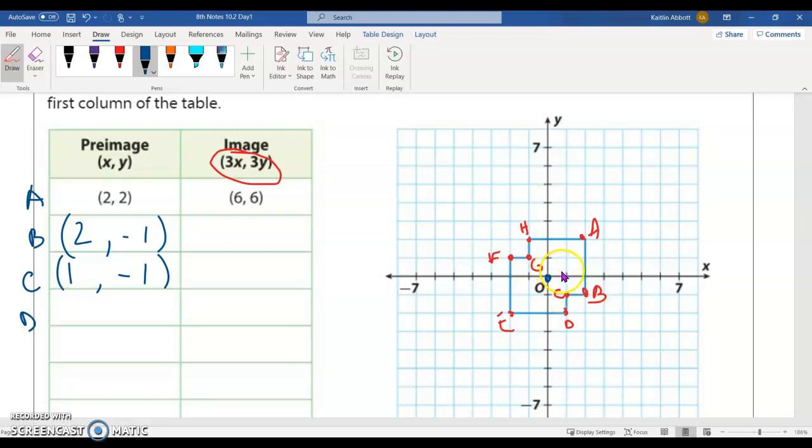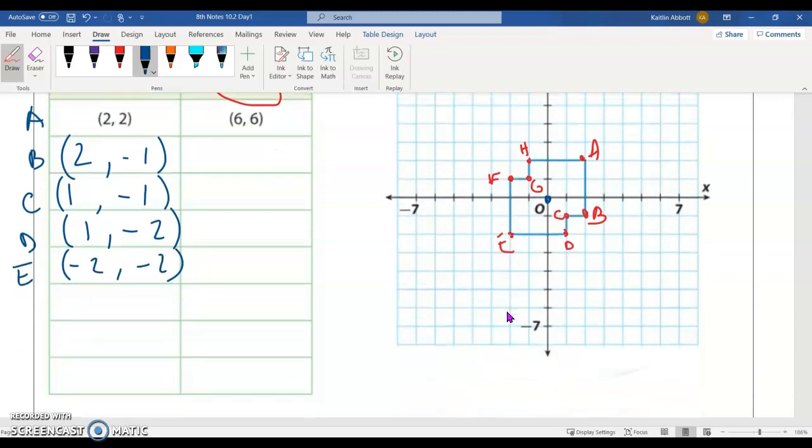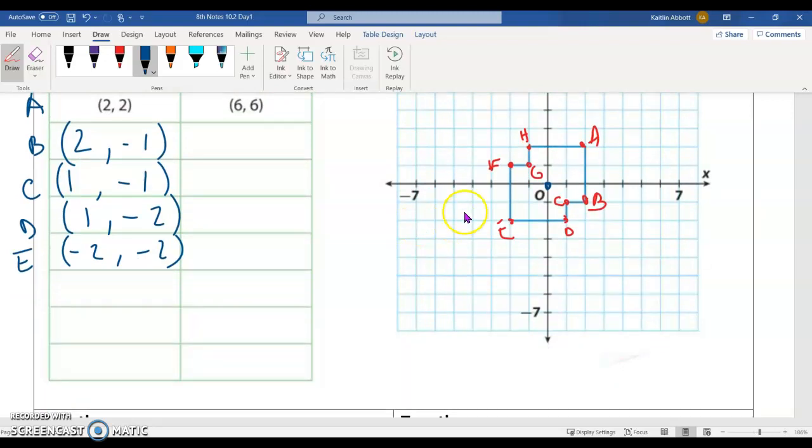D is +1, -2. E is -2, -2. All right. F is -2, +1.